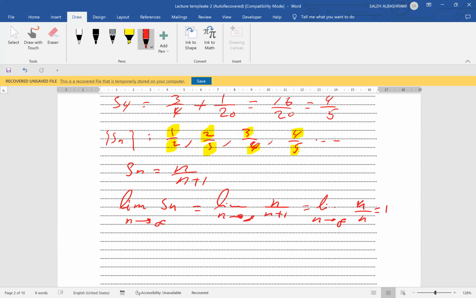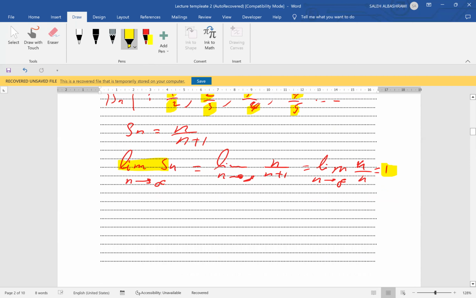Which means, since the limit of Sn is equal to 1, it exists finite. It means that the series is convergent.